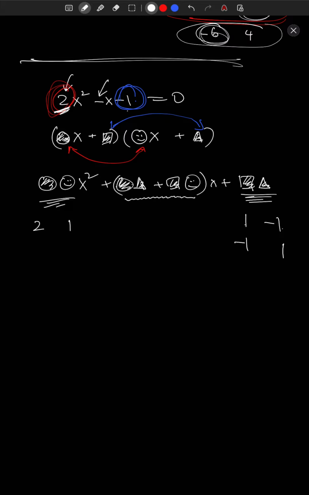All right, so now we just need to figure out the cross terms, right? And essentially, we just guess. So we say, okay, I want to give the 2 as the circle, and I have an x here. That means the 1 has to go here, right? And now I just know that one of these numbers has to be 1. The other of them has to be -1. Okay, so which one is 1? Which one is -1? Well, I just think about the cross terms. This one times that one is going to give me 2, either plus or -2, depending on whether this is a +1 or a -1, right?